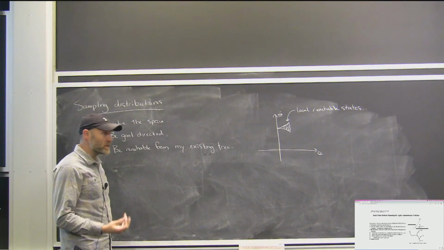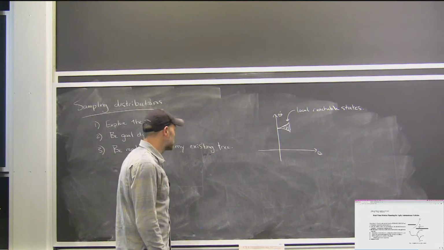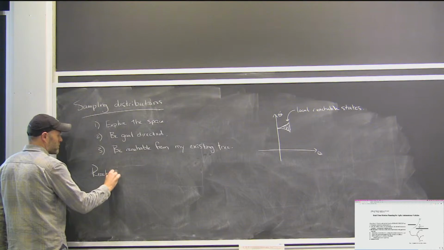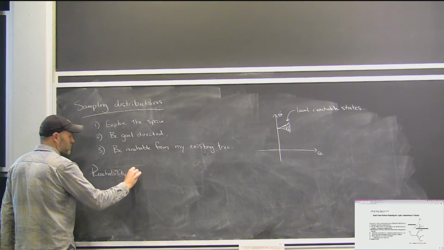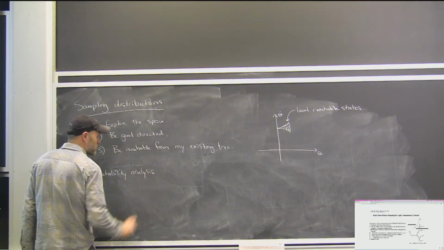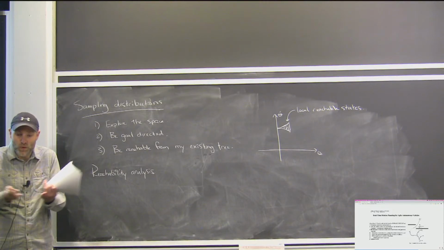Reachability analysis is closely related to Lyapunov analysis. Lyapunov analysis looks backwards from the goal.